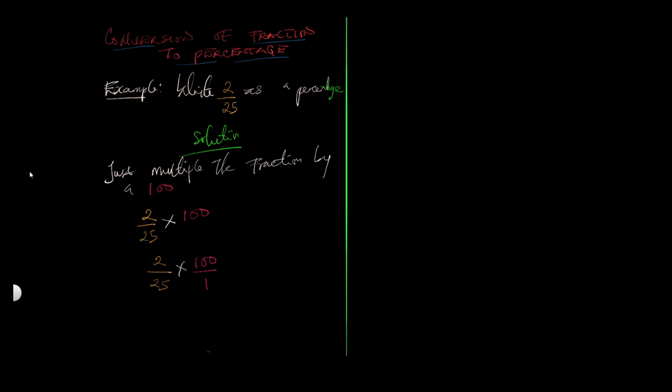So in this case, there is a number that can divide 25 and 100. 2 cannot divide both of them. 3 cannot divide both of them, but 5 can divide both of them. So we use 5. 5 into 25 is 5 times. And then 5 into 100 could be too much.